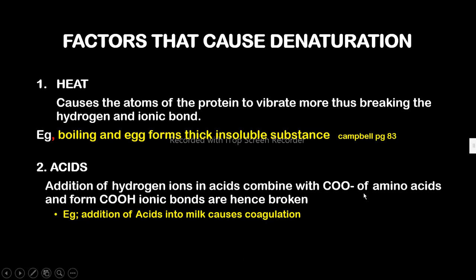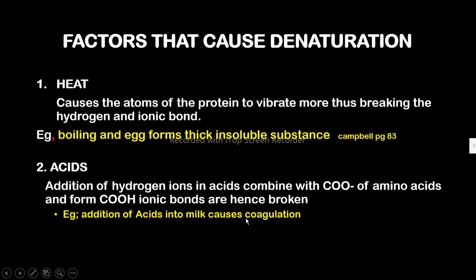You know that in protein you have ionic bonds, which are formed between the COO- and the amino group, which has received a proton. So when you add an acid, the hydrogen ions from the acid react with the COO- to form an undissociated acid, which will break the ionic bond.